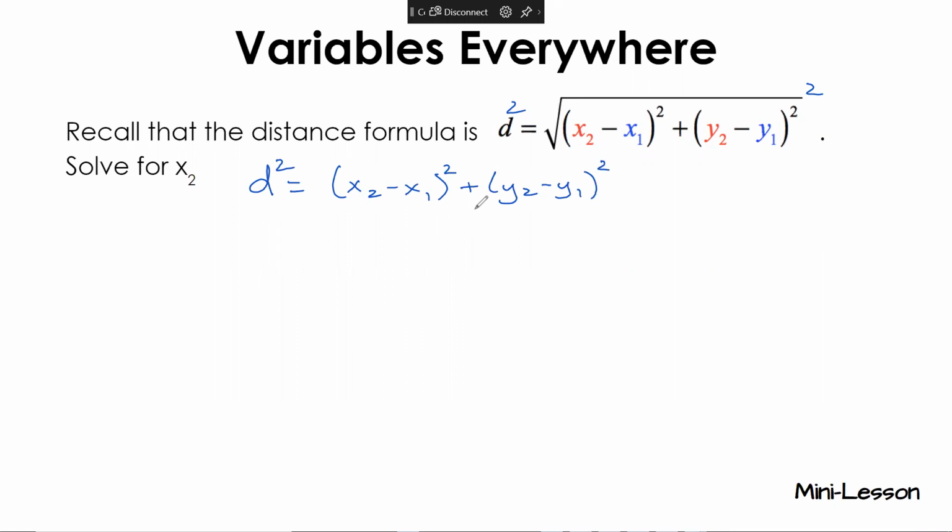Now, we still want to get X sub 2 by itself, but it's attached to this plus all this junk. So how do we move this junk to the other side? Don't ignore it. You have to subtract, right? So we're going to subtract this and move it to the other side.